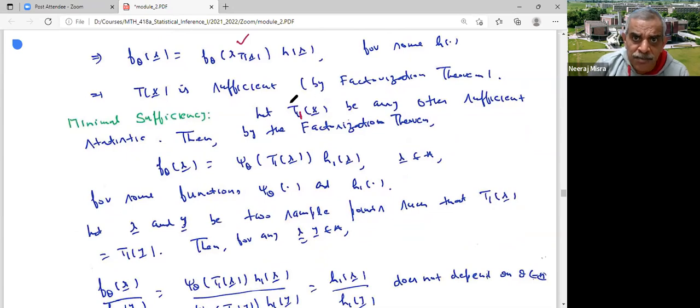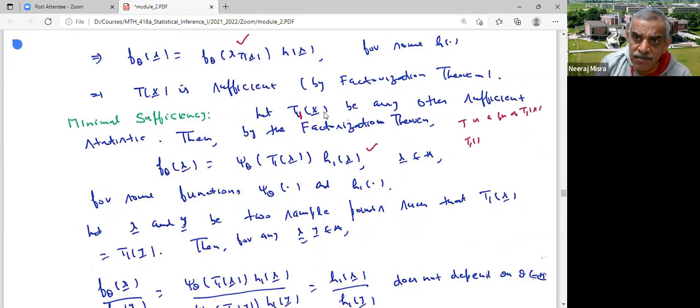By the factorization theorem, since T1(x) is sufficient, f_theta(x) can be written as psi_theta(T1(x)) into h1(x), for some functions psi_theta and h1.